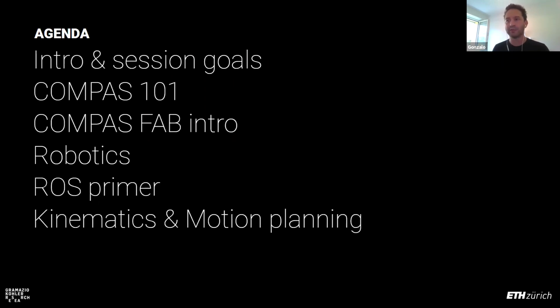That will link to the next topic, which is ROS, the Robot Operating System. I will do a primer of ROS. I will not go very deep, but it's interesting to understand the machinery underneath the tools that we are using. And then I will go into the actual meat of what we want to see: kinematics and motion planning using COMPAS FAB, using ROS and all that.